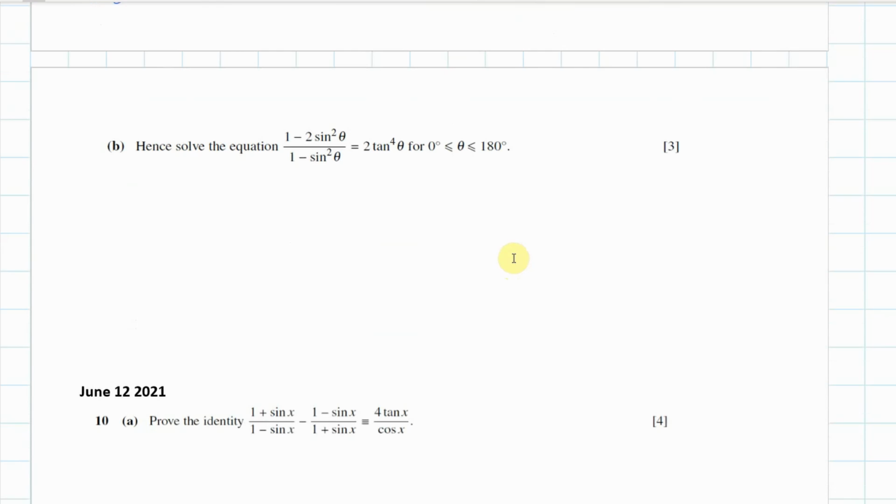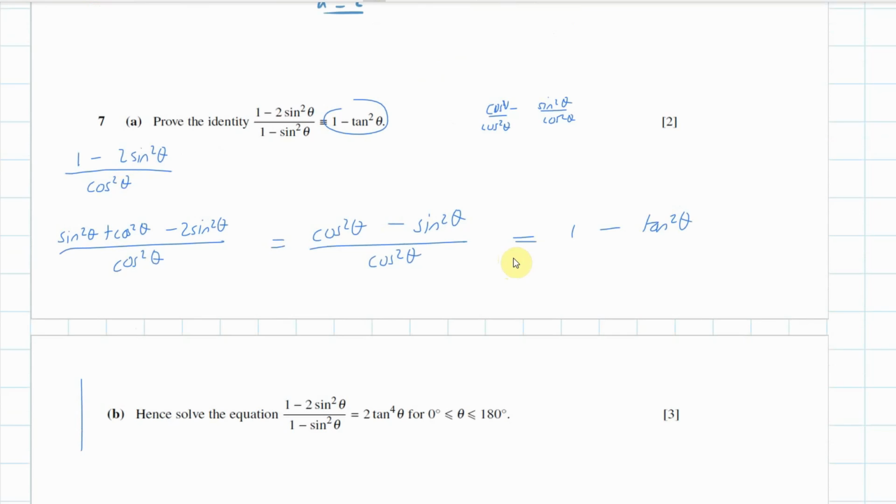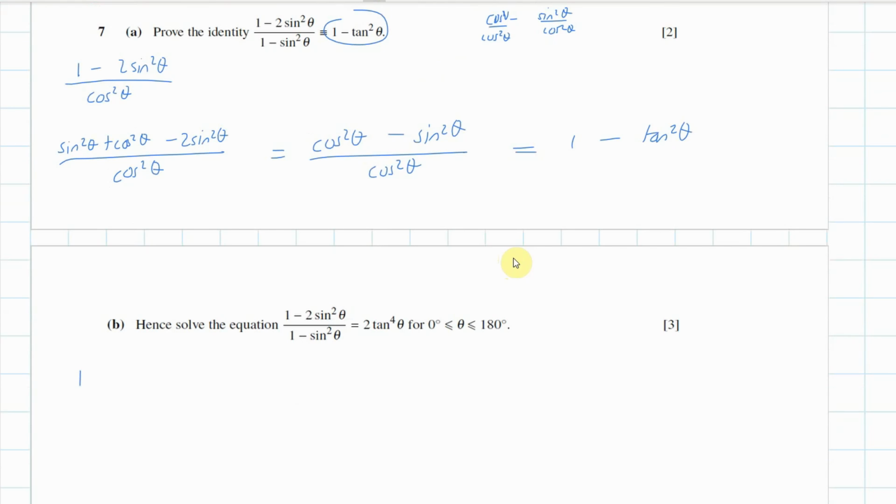Hence. Okay, well, hence means we need to use what we've just done. So I would say that our result of 1 minus tan squared theta ought to be equal to this 2 tan to the power of 4 theta. I'm going to rearrange that: 2 tan to the power of 4 theta plus tan squared theta minus 1 equals 0.